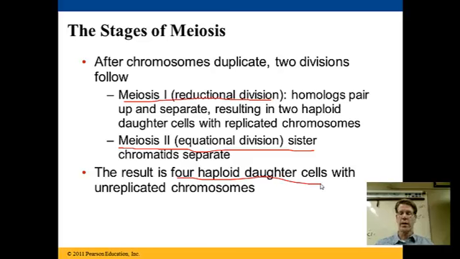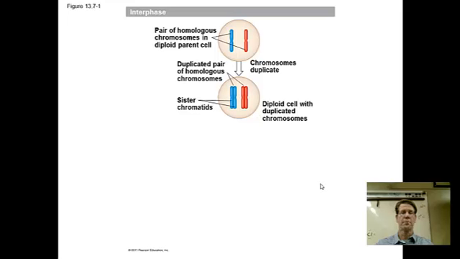So unreplicated chromosomes are going to be going through 2 divisions instead of 1.